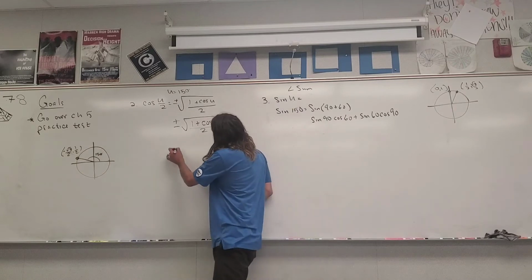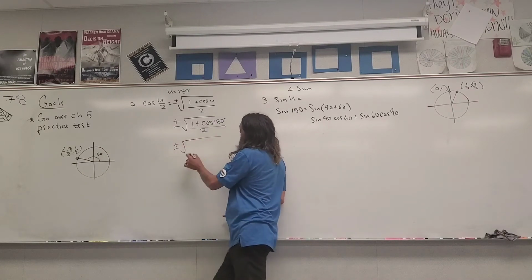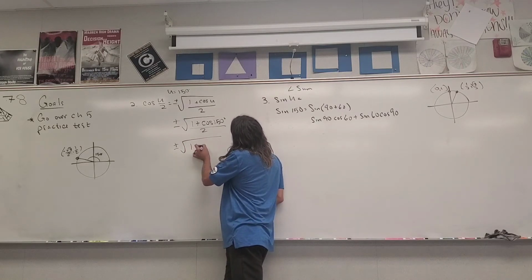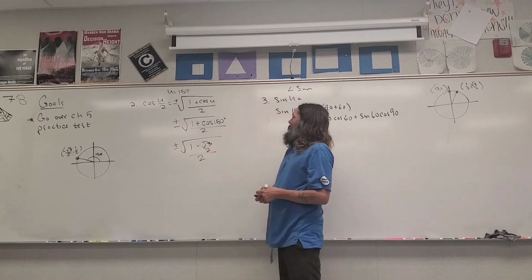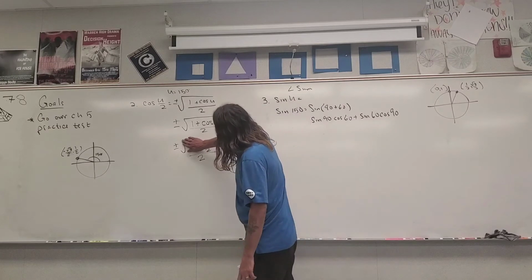So now I'm going to get plus or minus 1 minus square root of 3 over 2, and this is divided by 2. We don't want to have fractions inside fractions inside square roots. This whole thing needs to be in the square root.